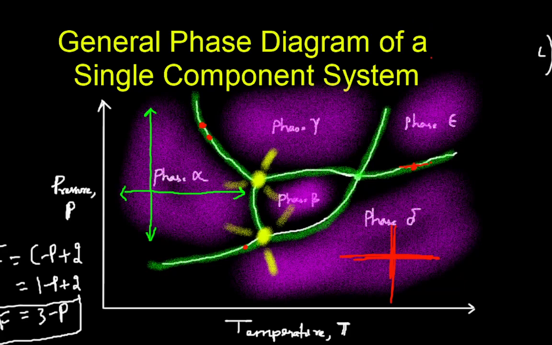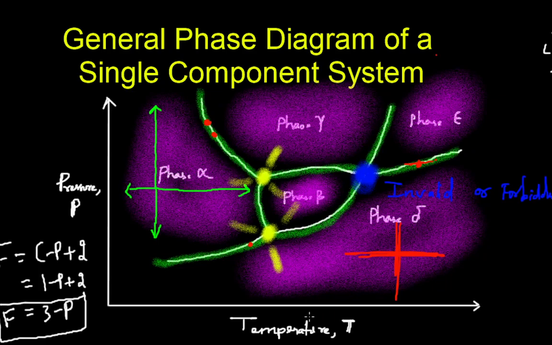So this point is an invalid or forbidden point and cannot exist. So that was your general phase diagram of a single component system. Thank you.